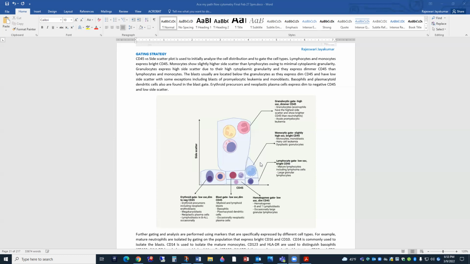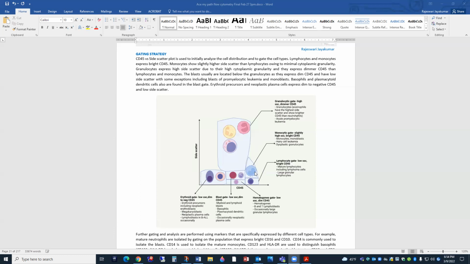Other than monocytes, monoblasts can sit there, and sometimes dysplastic granulocytes can creep there because, as the name suggests, they are dysplastic, so they lose the granules and to some extent the lobation, so they can have low side scatter and creep into the monocyte gate. They don't have that bright CD45, but you can see some creeping in there.